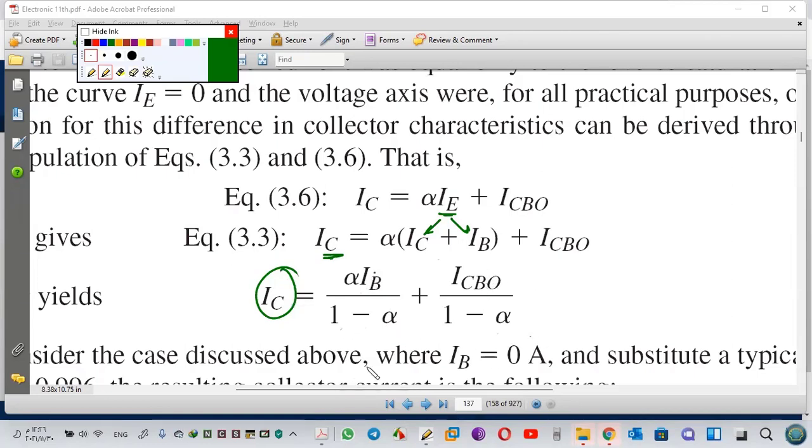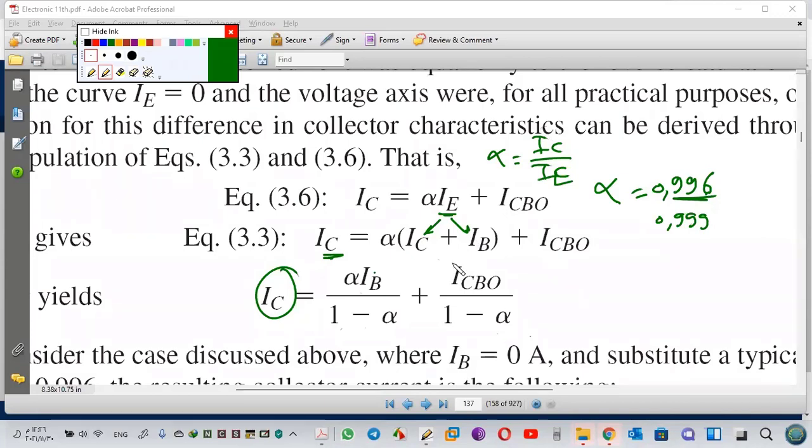Alpha usually is 0.996 to 0.999 without unit. What does that mean? If you remember, alpha is IC over IE. That means 0.996 of IE will arrive at the collector. It's a big number.